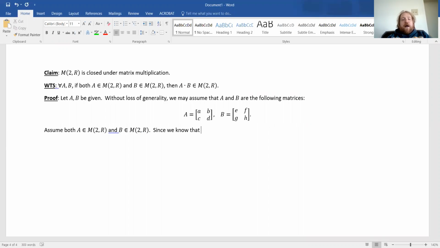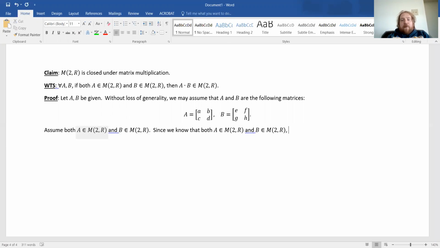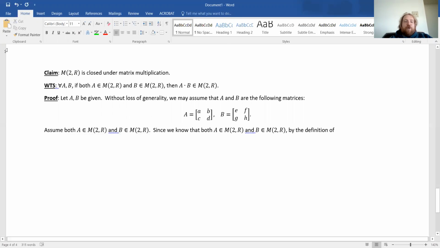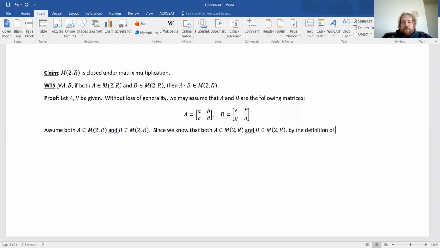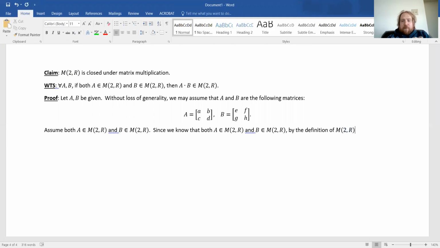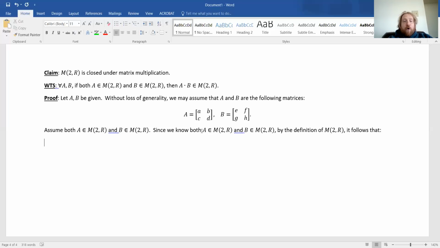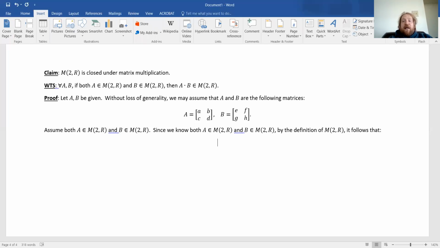Since we know that both A is a member of M2R and B is a member of M2R, by the definition of M2R, it follows that now we know a lot about the entries A, B, C, D, E, F, G, H here.